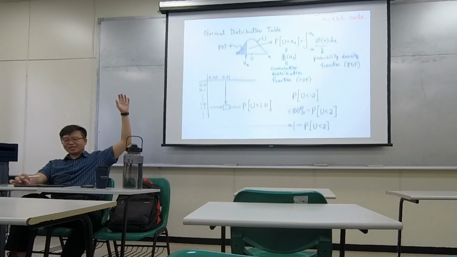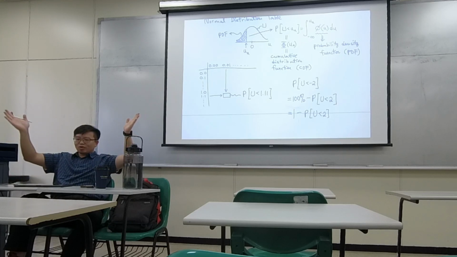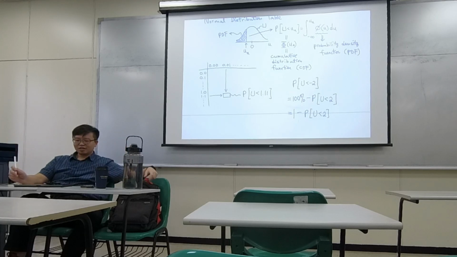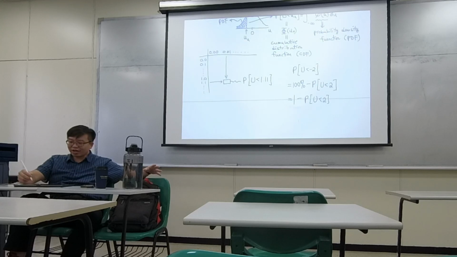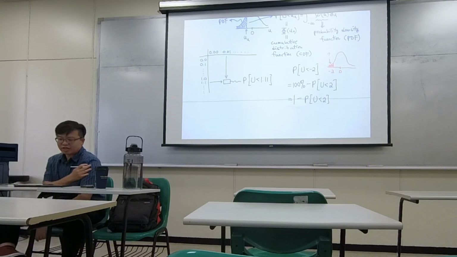Why is that? Because this standard normal distribution function is symmetric about the 0 axis. Right here, I can show you by some graphics. We're trying to compute, here is 0, here is negative 2. We try to compute this, right? You want to know the percentage.